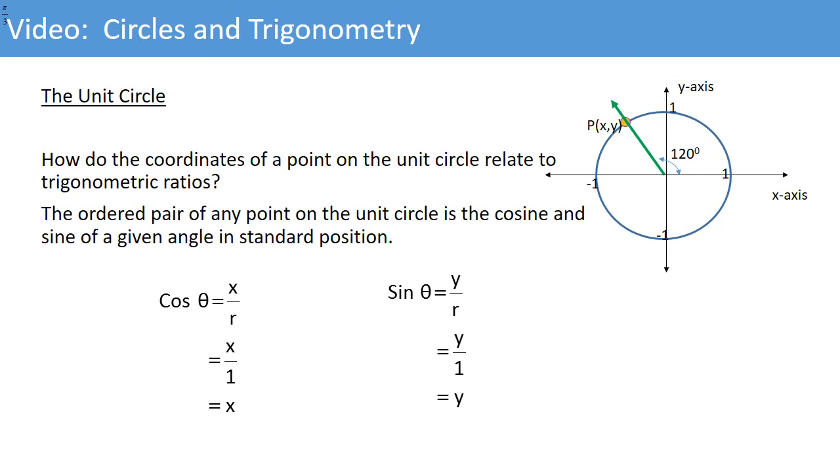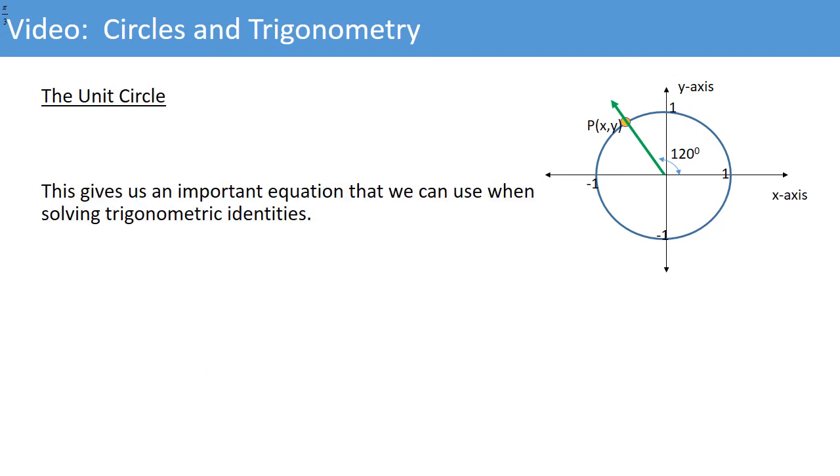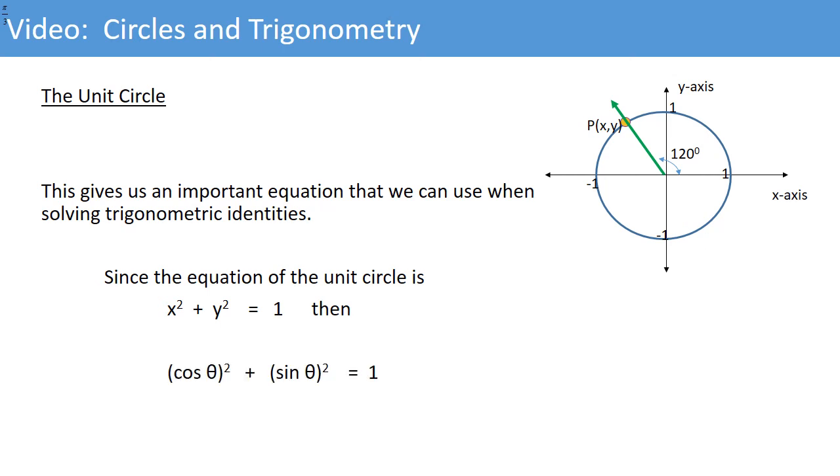Sine theta is y over r, which is y over 1, which is y. This gives us an important equation that we can use when solving trigonometric identities. Since the equation of the unit circle is x squared plus y squared is 1, then cos squared theta plus sine squared theta is equal to 1.